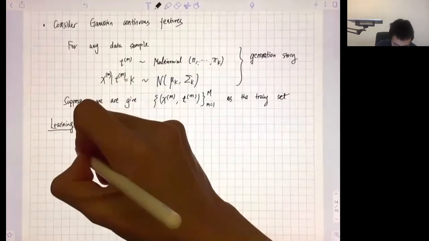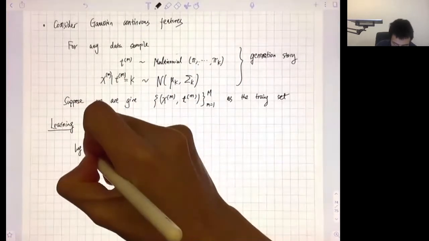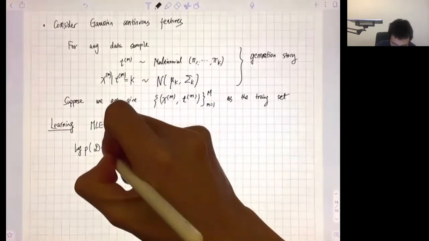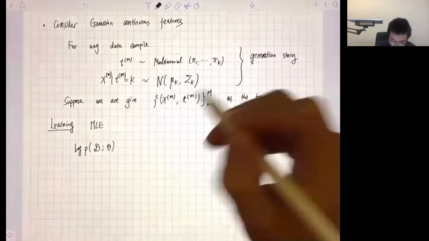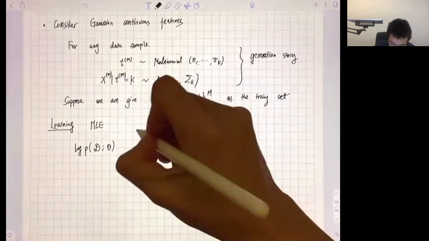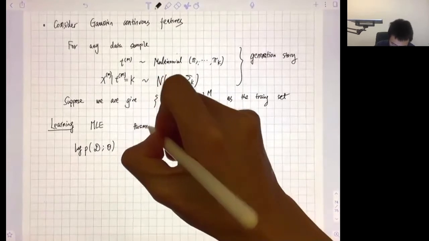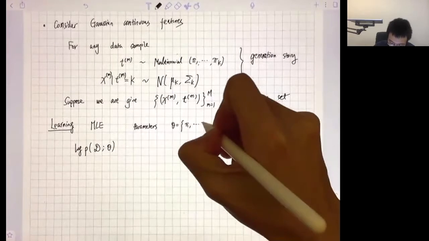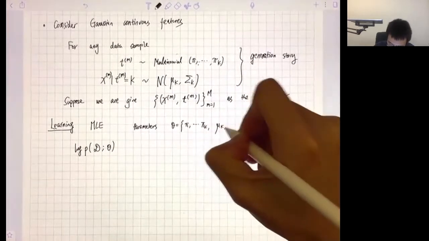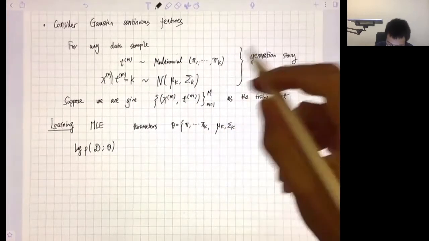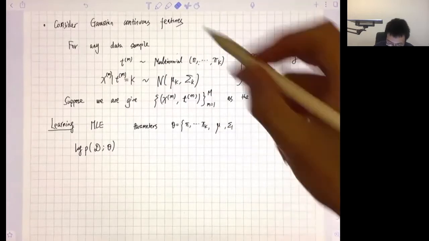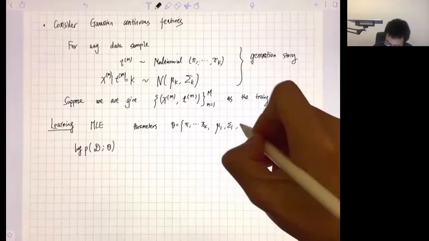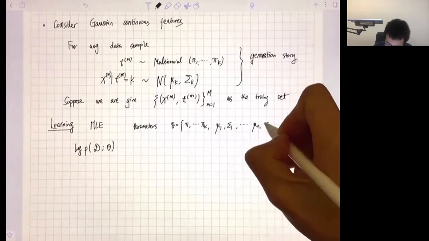Okay, so I can write it out. The log likelihood of my data parameterized by theta. So what are the theta? What are my parameters? Parameters theta are pi 1 up to pi K, as well as mu K, sigma K for the different classes. So I can say mu 1, sigma 1, up to mu K, sigma K, okay?